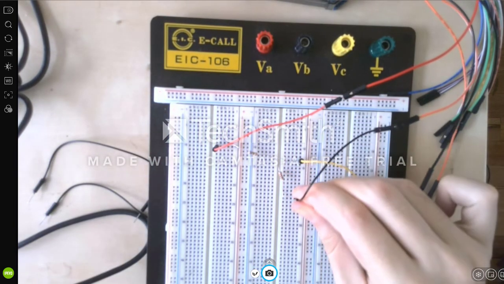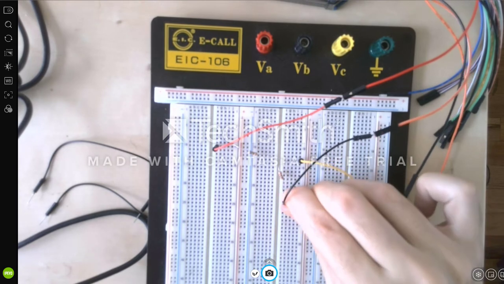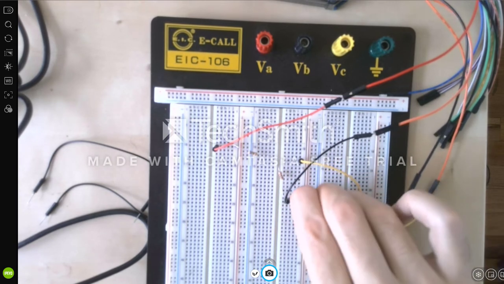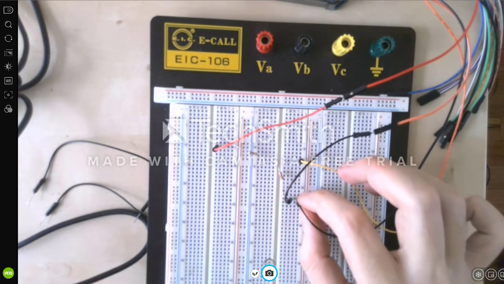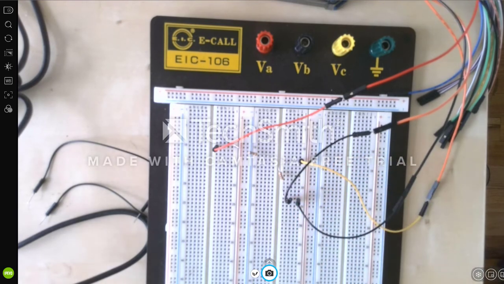And we need to connect the negative pole of the channel and the ground, in the same row as the 1K resistor. All right, we have our third circuit.